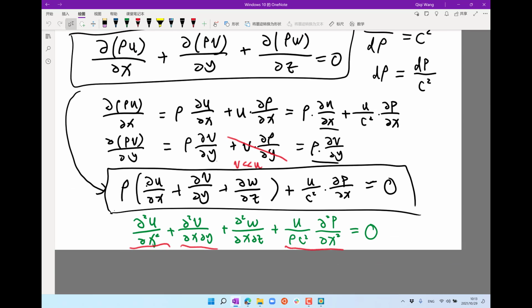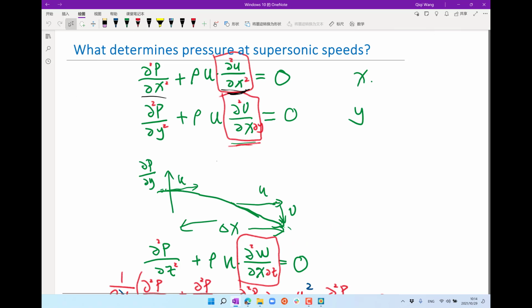You divide the rho to here, you get u over rho c squared. The derivative of this multiplied with the derivative of p also decreases. It's also a second order quantity. So that gets neglected when we think about this perturbation to p, and the u, v, and w are small.